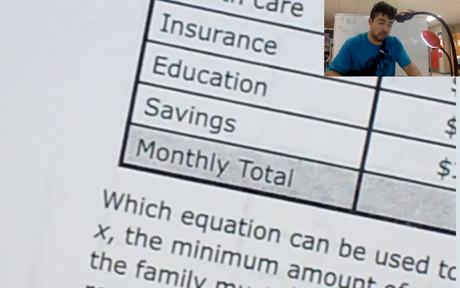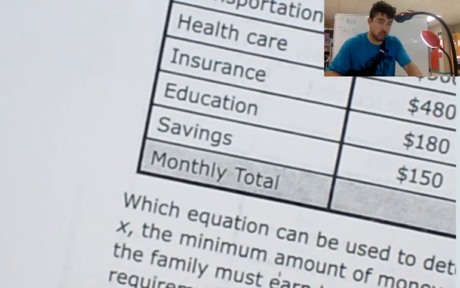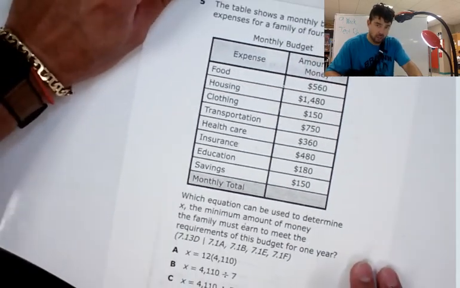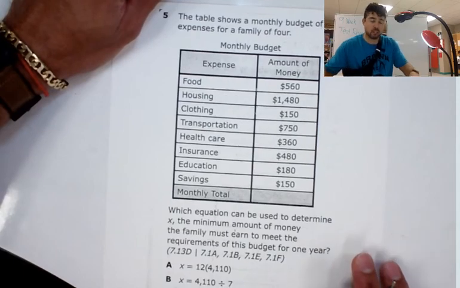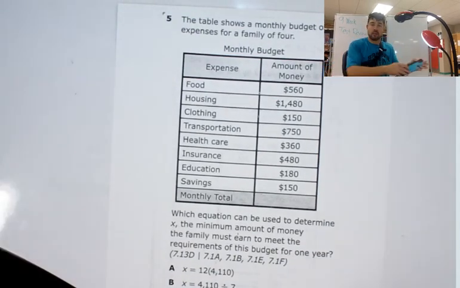So in this problem, we have to figure out the monthly total. Add it up if you haven't already. I'm going to use my calculator. Use your brains at the same time.